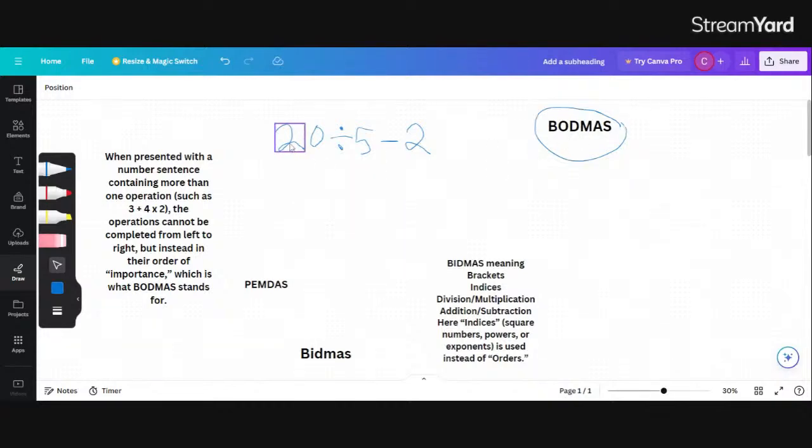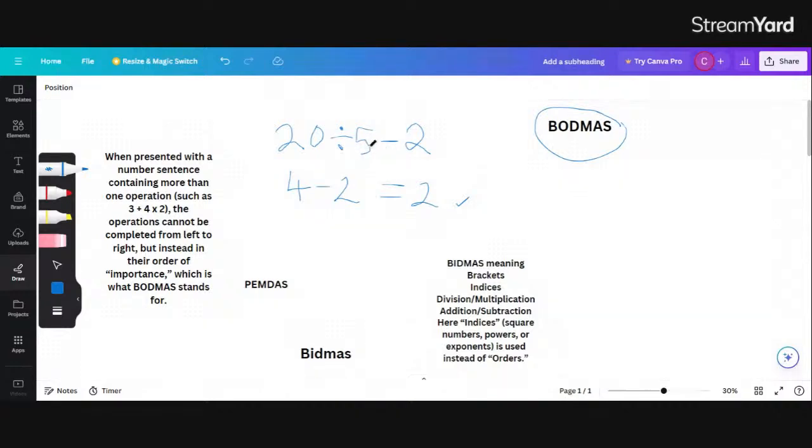So here we have 20 divided by 5, and that will give us 4. We take 4 minus our 2, so that will give you 2. That is the answer.